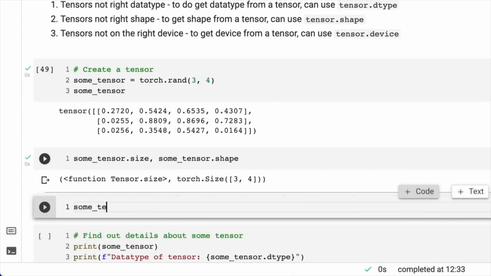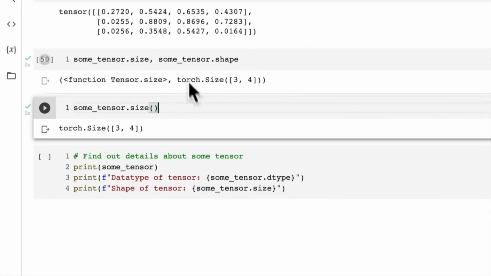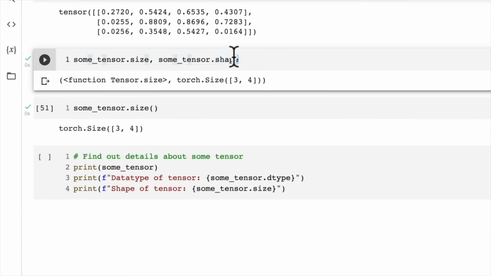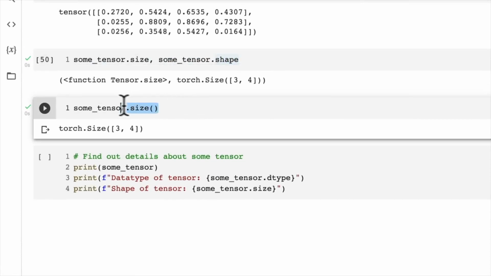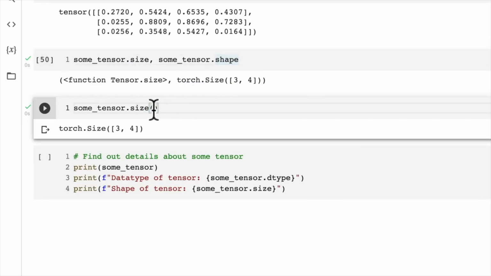Some tensor dot size is a function, not an attribute. There we go. Which one should you use? For me, I'm probably more used to using shape. You may come across dot size as well, but just realize that they do quite the same thing, except one's a function and one's an attribute. An attribute is written dot shape without the brackets. A function or a method is with the brackets at the end.